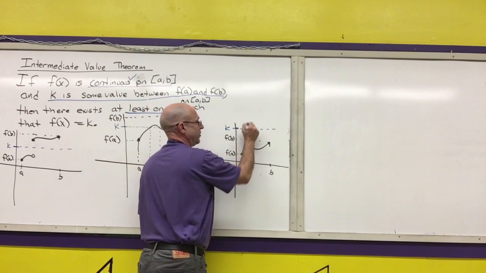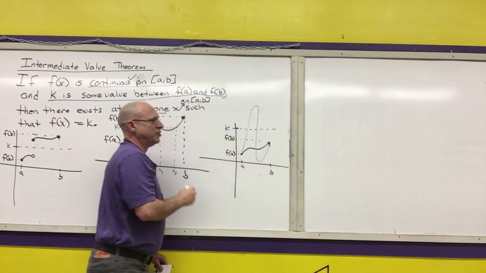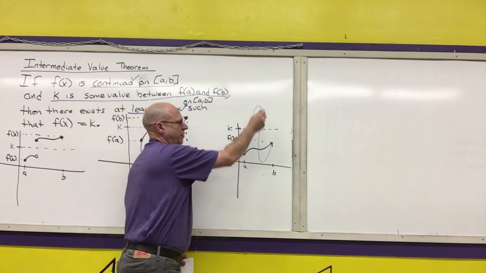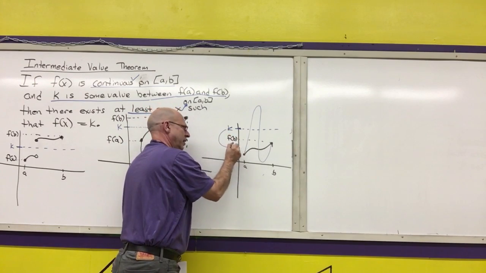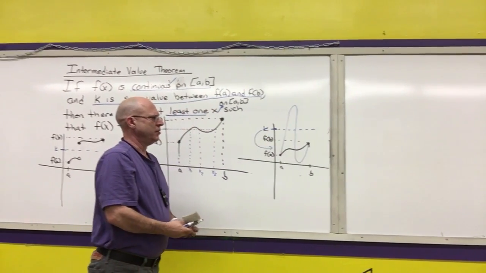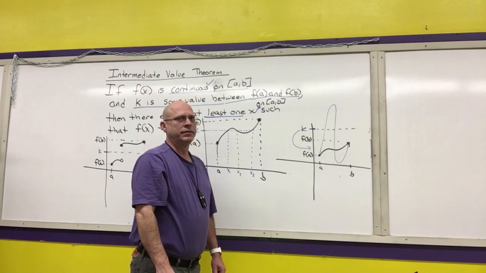Yes, I understand that that graph could have done something like this, but there's no way I could guarantee that that function did something like that. I can only guarantee it if k is between the values of f of A and f of B.